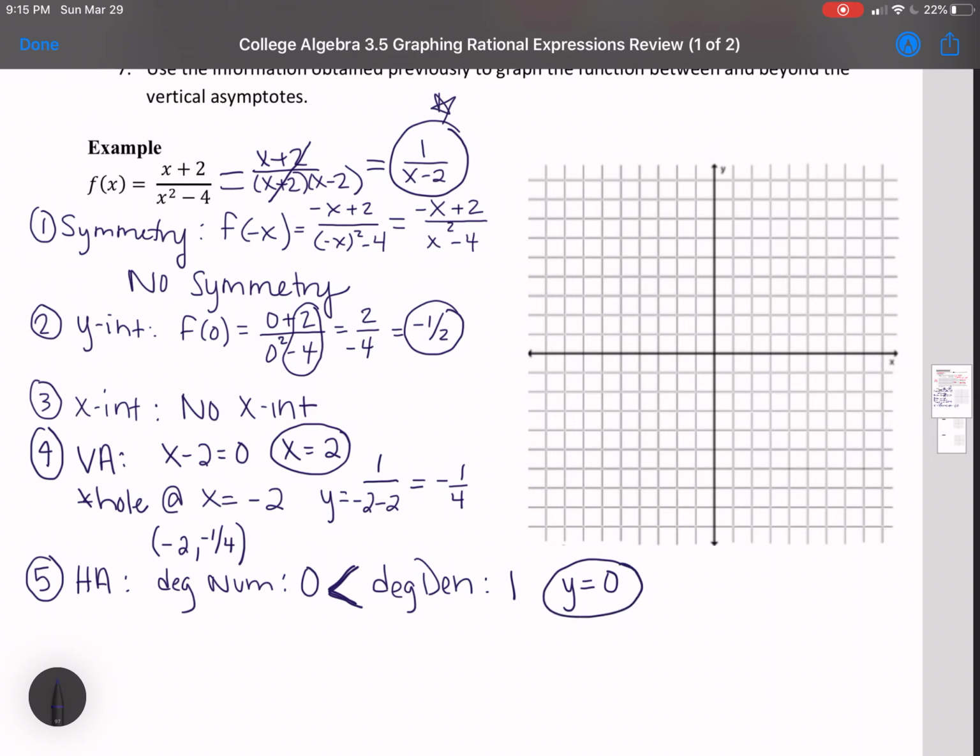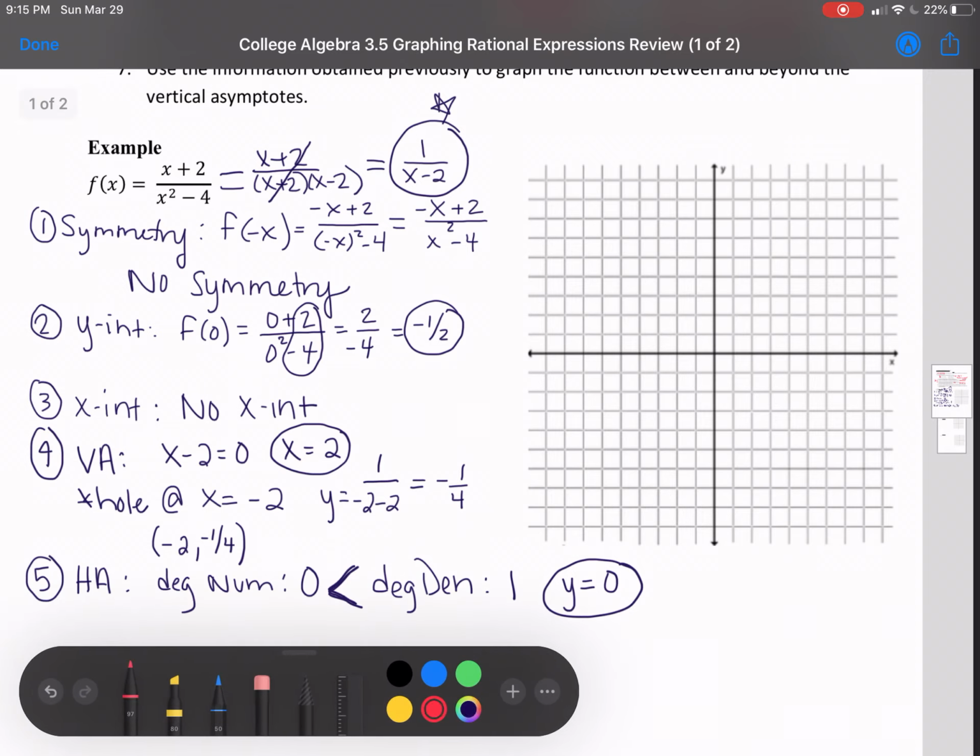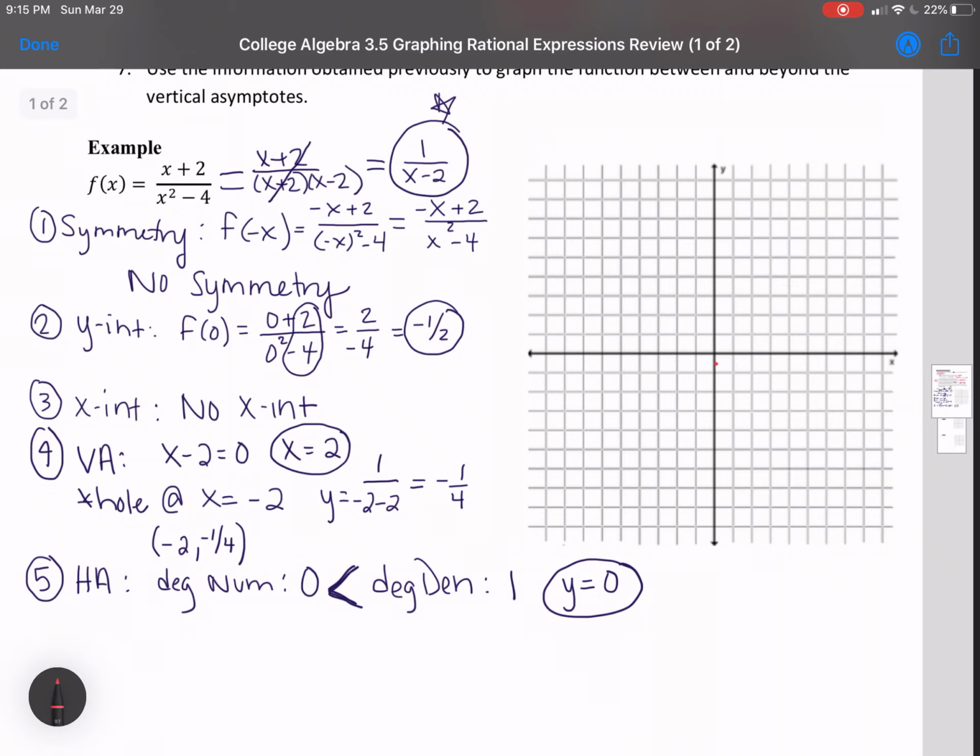Let's go ahead and graph all of this. So we have a y-intercept at -1/2. We don't have any x-intercepts. We have a vertical asymptote at x equals 2.